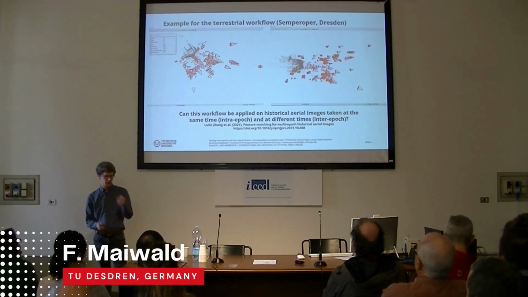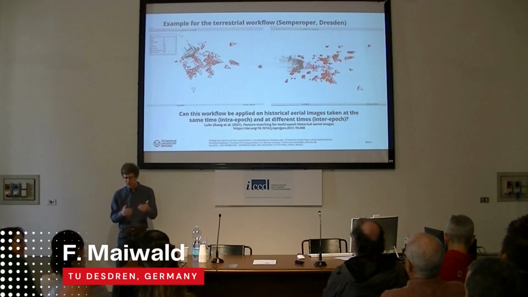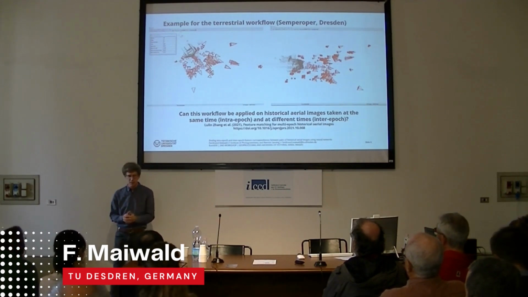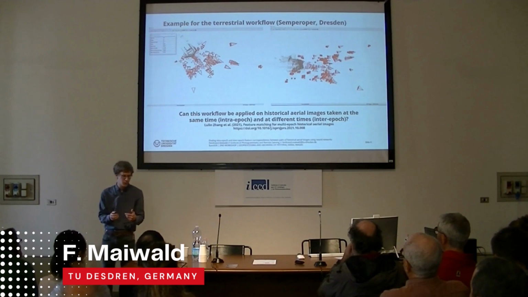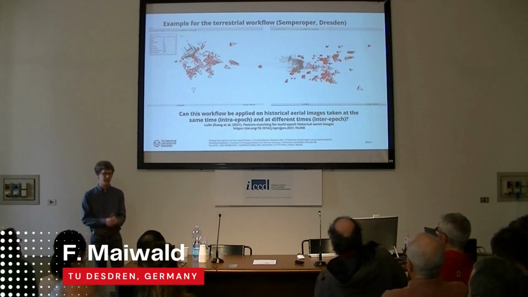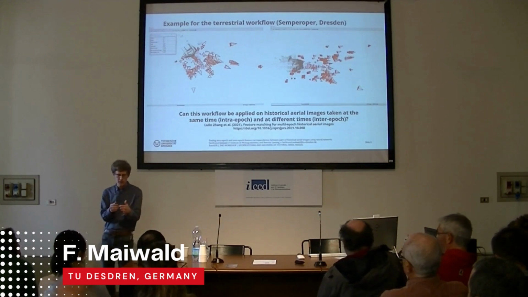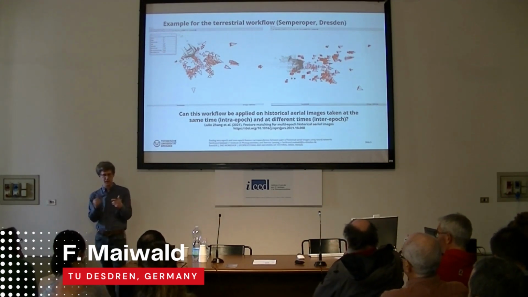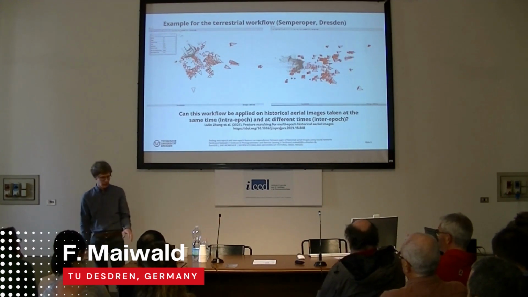And I already referred here to Lulin because she mainly did the same thing at the same time, tried some of the same methods, and they had in the introduction these nice words for intra-epoch and inter-epoch. I hope it will not double everything in our presentations, but I think there are also some differences in what we are doing.